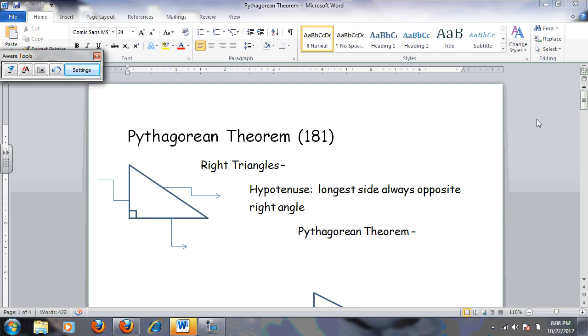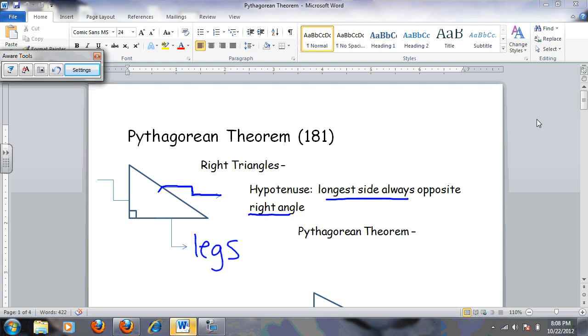So let's get some parts of the right triangle that we know. We know it has a right angle. We know it's going to have a hypotenuse. This is the hypotenuse. It is the longest side, and it's always opposite the right angle. Each of the other sides of the triangle are known as legs.